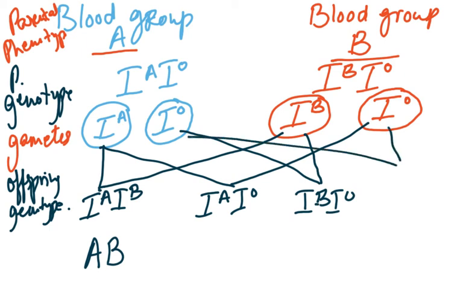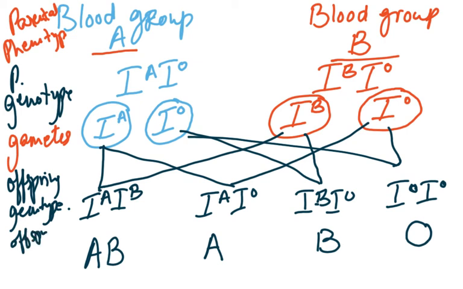If this and this fertilize, then of course we have IOIO. Now this person will be blood group A, this person will be blood group B, this person will be blood group O. So this couple has a 25% chance of having any blood group. The child can be any blood group. And this last line is called offspring phenotype.